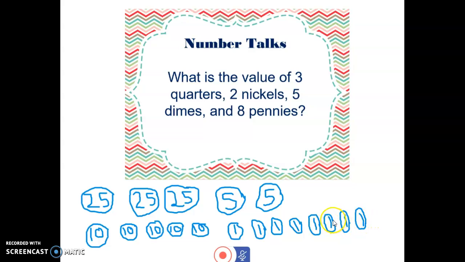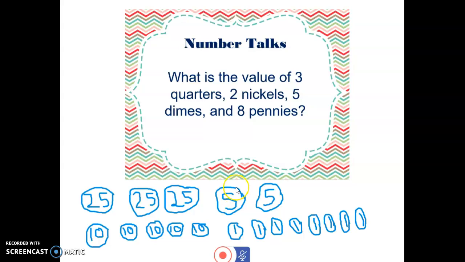Now let's add up our change. I'm going to start with the highest value, which are my quarters. I have 3 quarters. From what I remember about learning to count, 3 quarters equals 75 cents. And I can see that I have some dimes down here and I have some nickels here. I know that 75 cents is really close to $1. And I know that 2 dimes and 1 nickel also equals 25 cents.